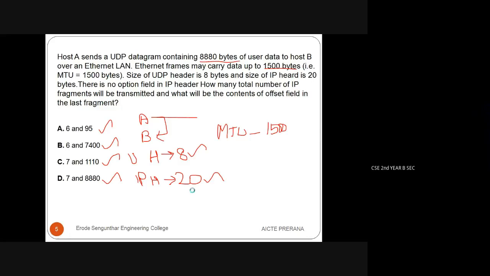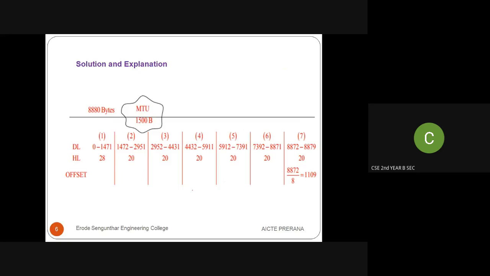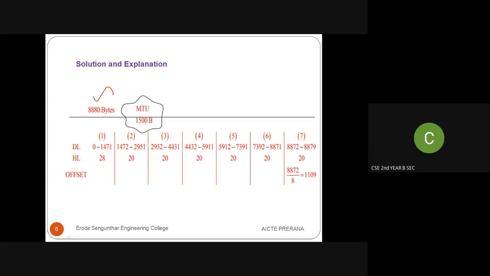By means of this diagram itself, we can analyze the offset and bytes. In the diagram I have given the total number of bytes as 8880, and the MTU is 1500. These two are already given in the basic concepts of the problem.